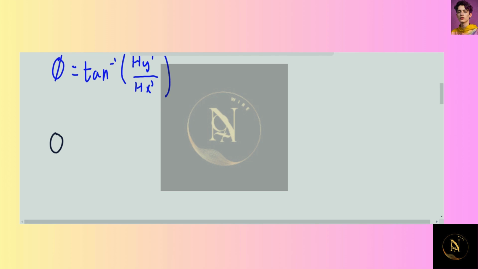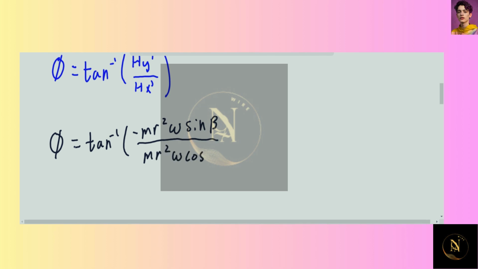So rewriting that, angle phi, and plugging in those terms, you have the inverse tangent of the y component divided by the x component. So divided by 4 and divided by 2.